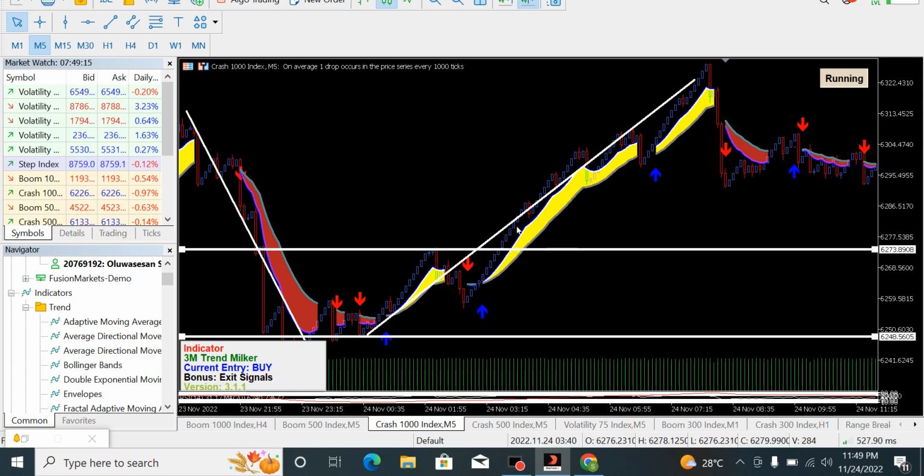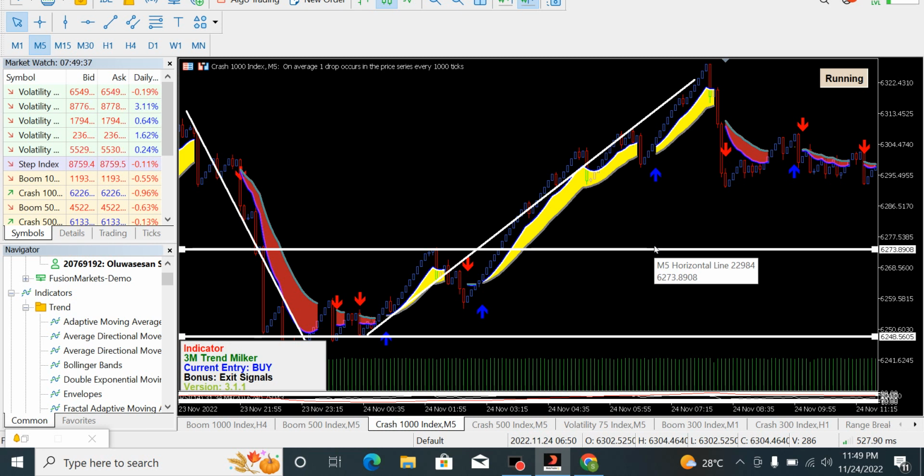But right here, it broke out from there, which means after breaking out, it has turned into a support for this particular market. So when the market is going down, it will serve as a major support for it. A support zone can turn into a resistance zone once it is broken, and a resistance zone can turn into a support zone once it is broken.